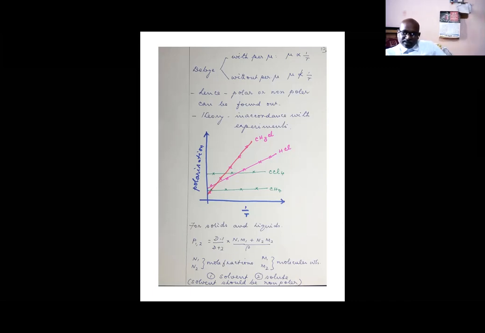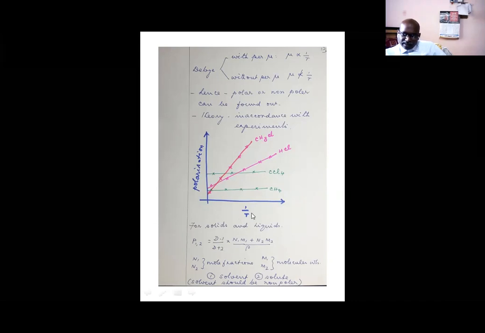Look here, I am going to plot polarization versus 1 by T. If I am getting a horizontal line, that shows that 1 by T does not have any role in the polarization. Therefore, for neutral molecules like methane and carbon tetrachloride, you are getting a horizontal line.